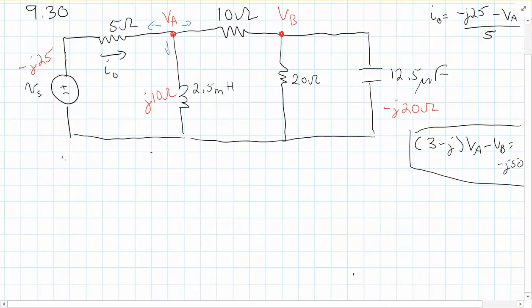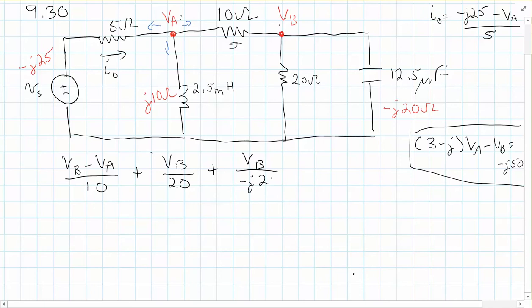We'd have VB minus VA over 20 plus VB, I'm sorry, I was getting ahead of myself. This wouldn't be VB minus VA over 20, it would be VB right here minus VA divided by this 10. So VB minus VA over 10 plus VB minus 0 over 20, and then plus VB over negative J20, and this is all equal to 0.